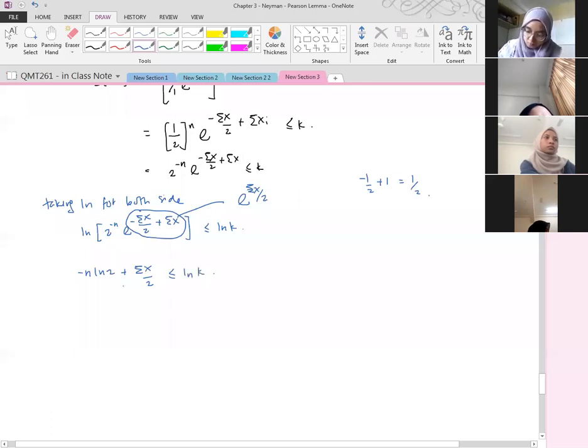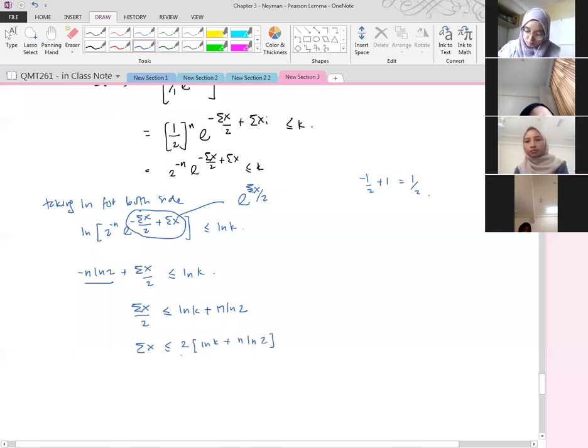So we bring the other value to the right hand side. Summation of x divided by 2 is less than or equal to ln k plus n ln 2, right? Then summation of x is less than or equal to 2 ln k plus n ln 2.